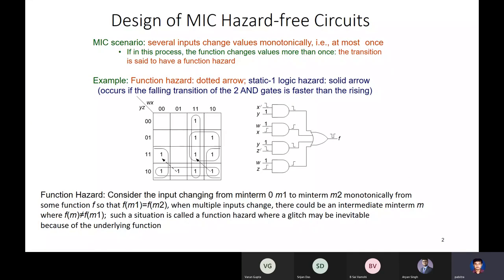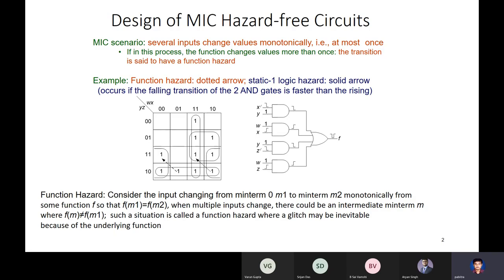What we'll do today is study the design of multiple input change, hazard-free circuits. We have already studied single input change circuits, and we found that in sum of product form you look for adjoining ones to get a static one hazard.